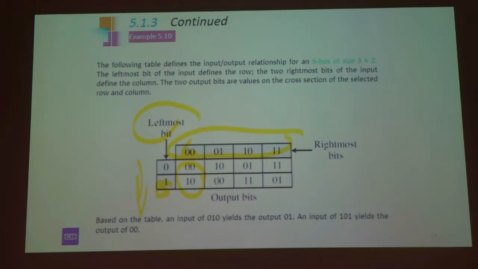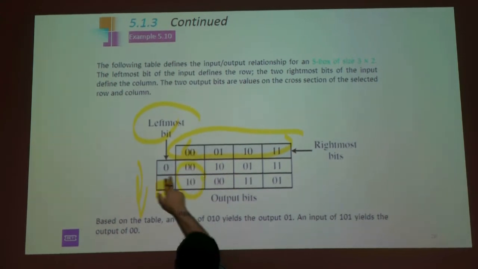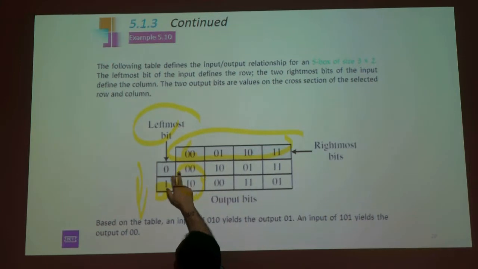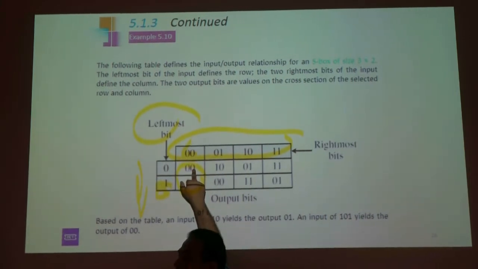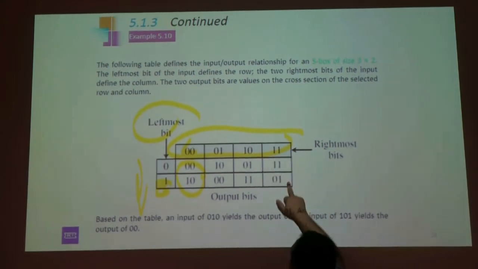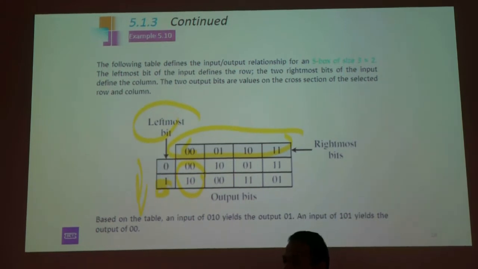So in here, what we are doing is substituting, right? How are we substituting? From the table. If the input is 0 0 0, the substitution will be 0 0. I substitute every 3 bits with 2 bits. If the input is 1 1 1, I substitute it with 0 1. Is this an expansion or compression?